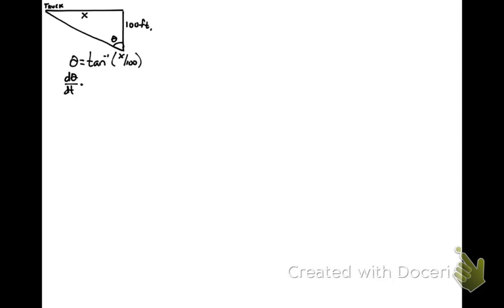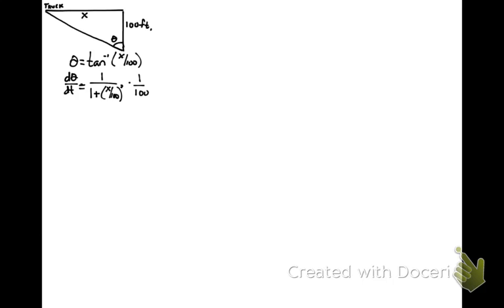So the derivative of arctangent is going to be 1 over 1 plus x over 100 squared. By the chain rule, we'll need to multiply that by 1 over 100.